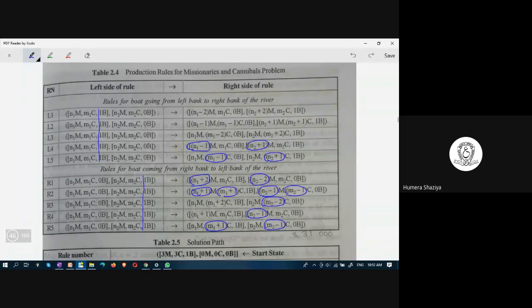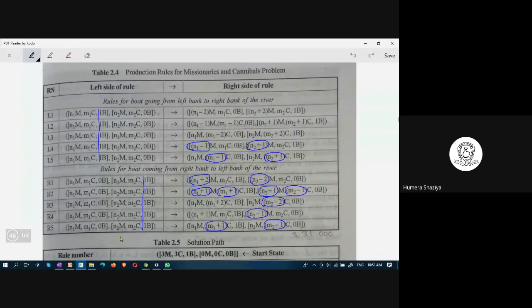Okay, let me start, then you can continue. First solution. These rules are very important, no? Where to write? First L2, ma'am. First L2.